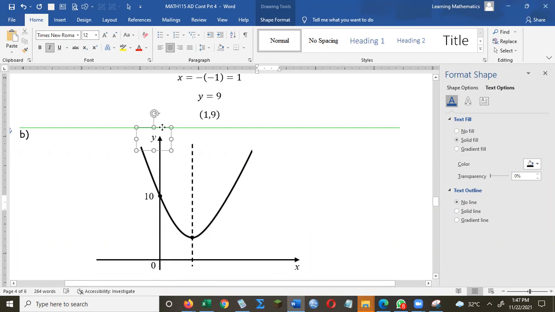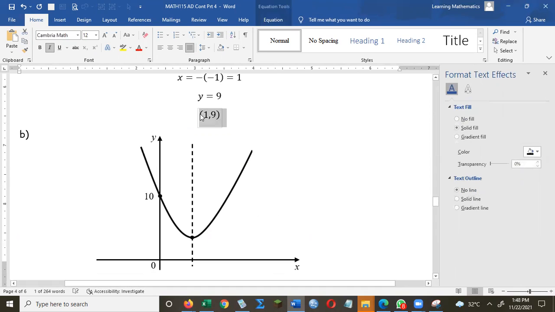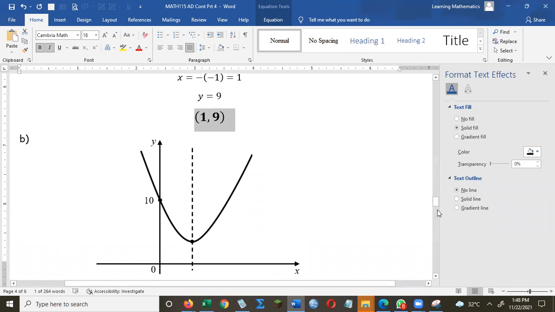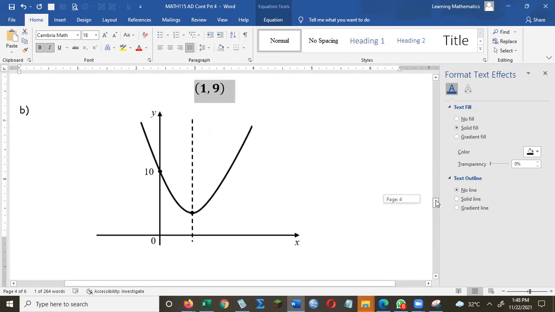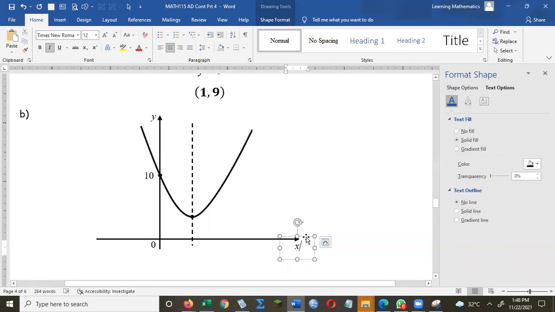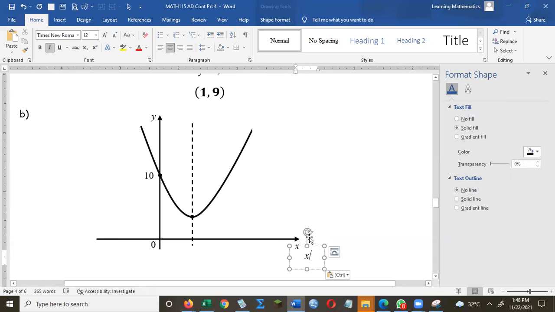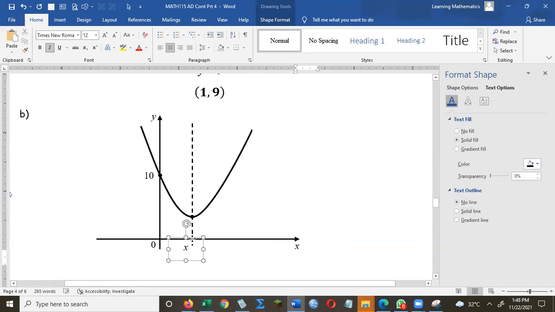And what is the minimum point? 1,9. 1,9 is the minimum point. So 1 is X. So you put 1 right there.